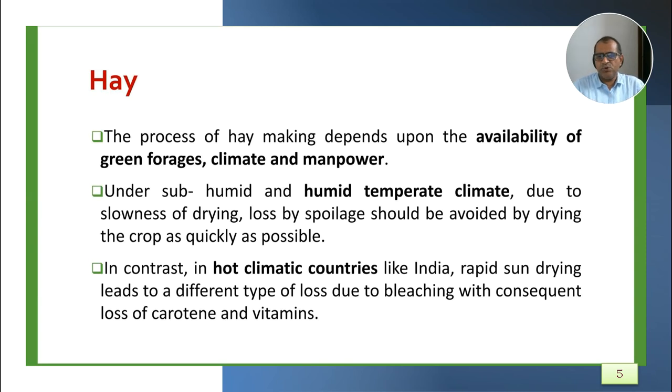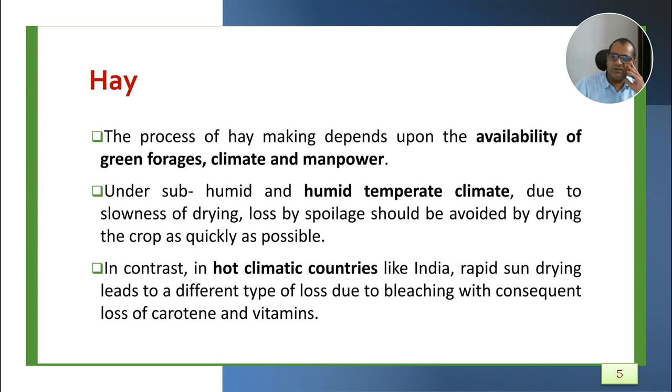Under sub-humid and humid temperate climates, due to slowness of drying, where there is always rainfall or the moisture content is very high, spoilage of the hay will happen, and it should be avoided by drying the crop as quickly as possible.